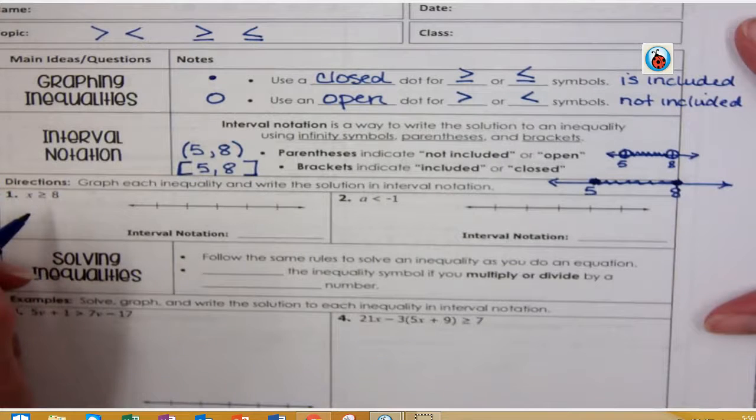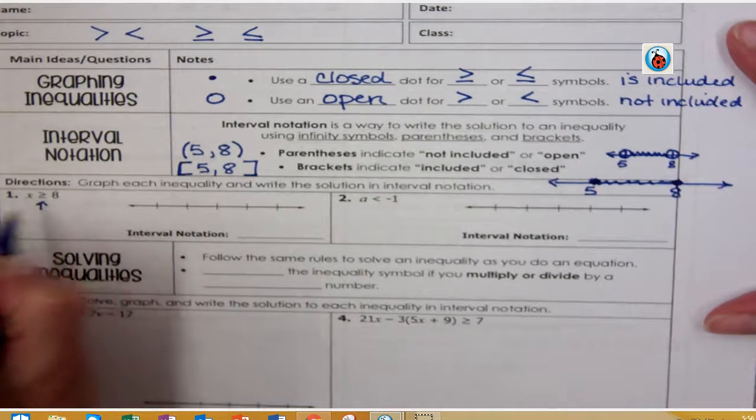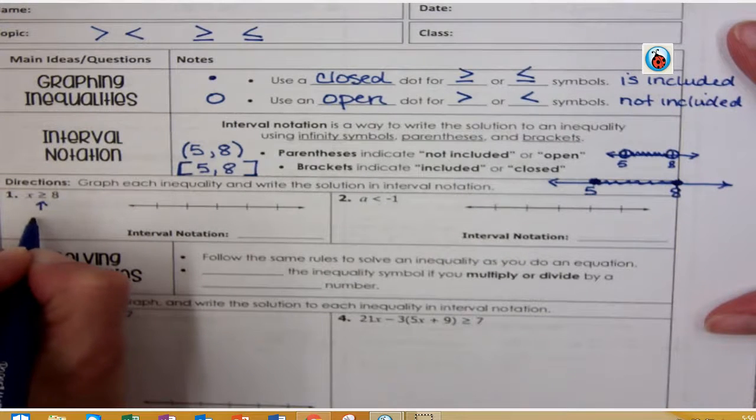So for an example, we've got x is greater than or equal to 8. Since it's greater than or equal to, we're going to use a closed dot.